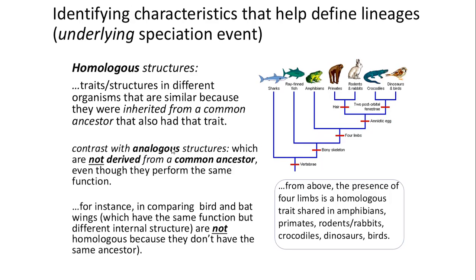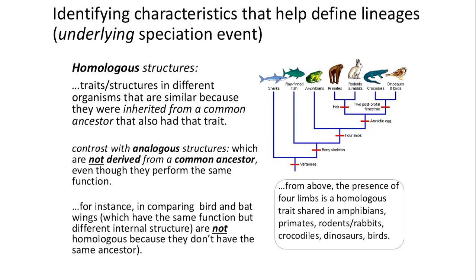In contrast to that are analogous structures, which means these guys were not the same. So they weren't from a common ancestor. They may perform the same function, but they are not from the same ancestors. So they may have been independently developed to perform a similar function, okay? If you compare a bird and a bat, this is a good example, they both have wings, and the wings both do the same thing, keep them in the air, but they're not made alike at all.